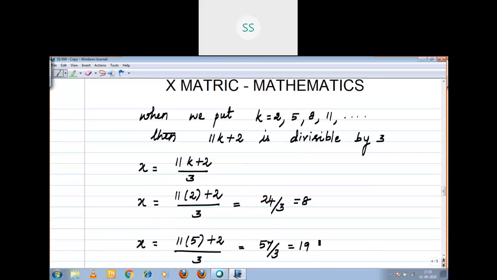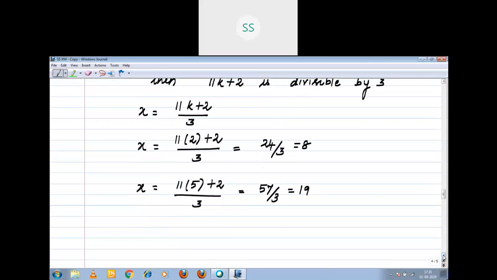Got it? Modulo 11. When you add 11 to the previous number, you will get it as 19. So what we did, the procedure is correct. For that purpose I said, right? 11 into 8 plus 2 divided by 3, which is equal to 90 by 3 equal to 30.